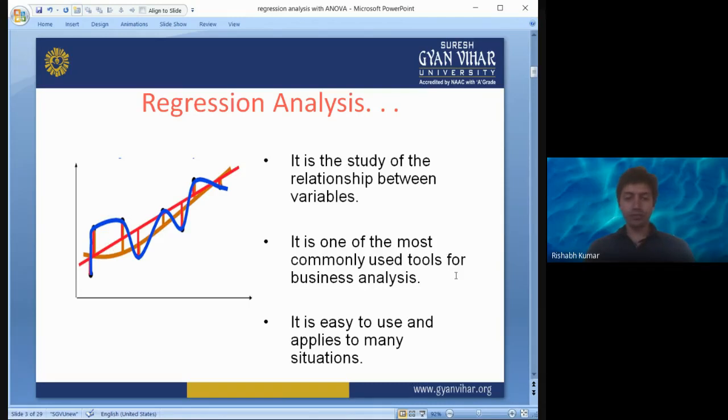It is one of the most commonly used tools for business analysis, medical statistics, and other types of statistics, even statistics for geoinformatics. In many other fields, wherever statistics is used, regression analysis is one of the most important methods. It is easy to use and applies to many situations.